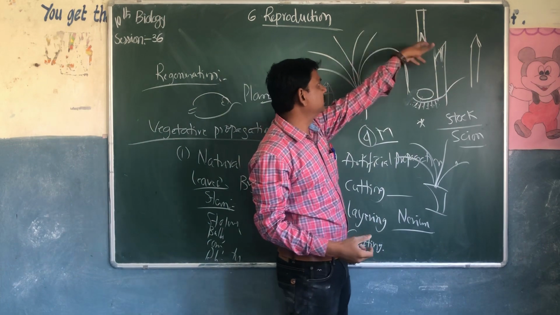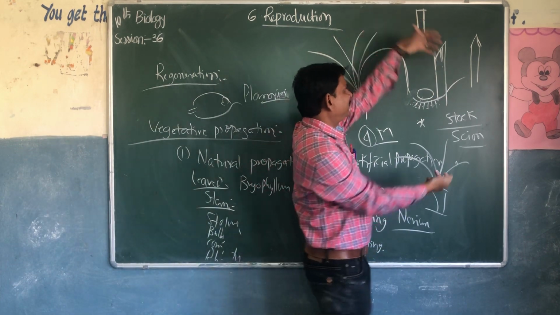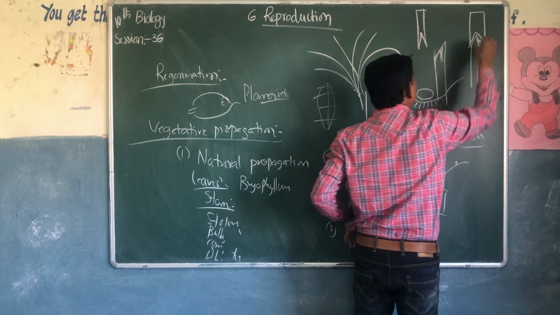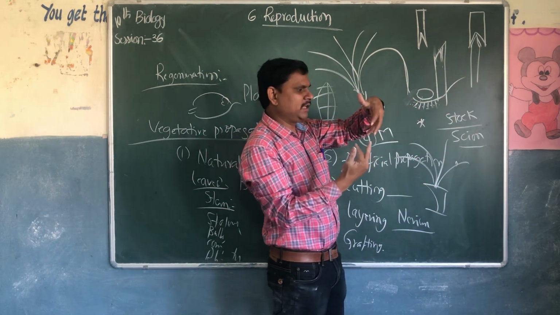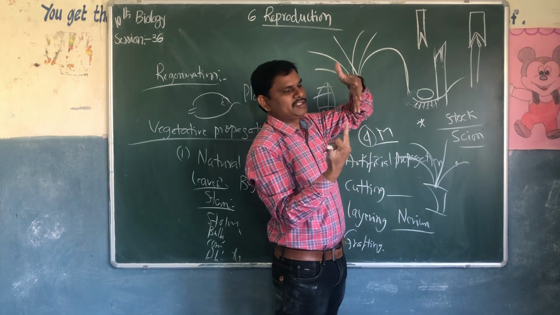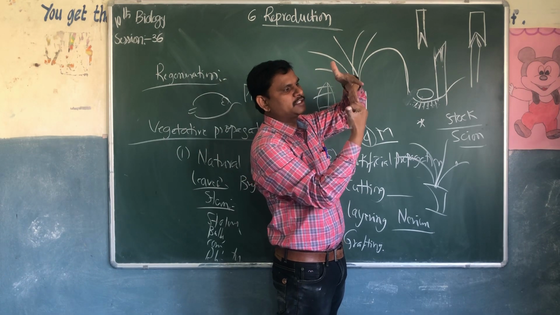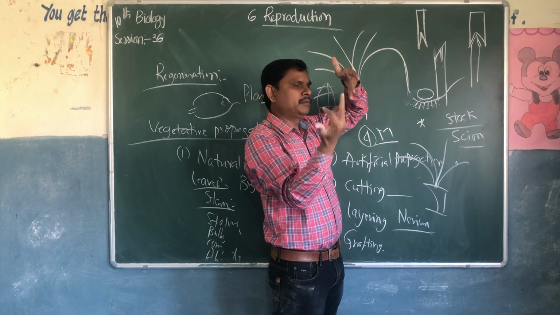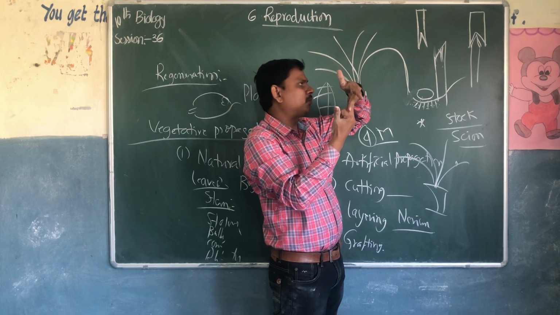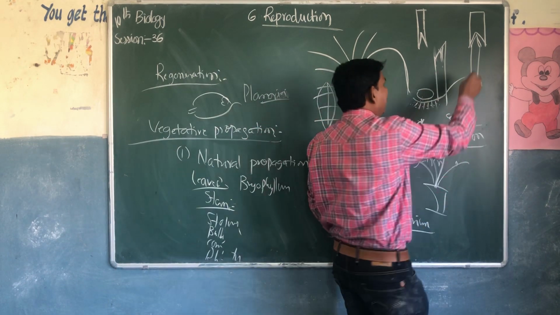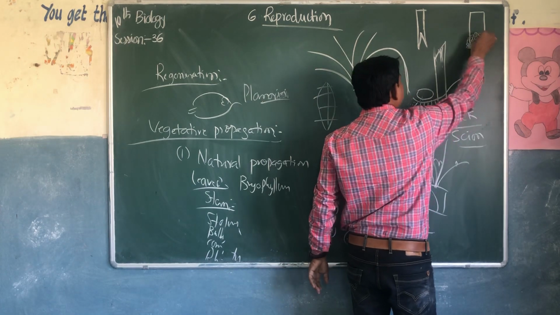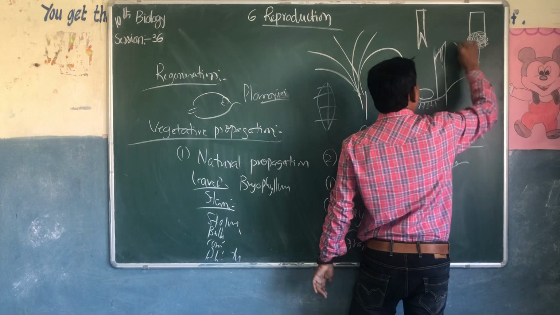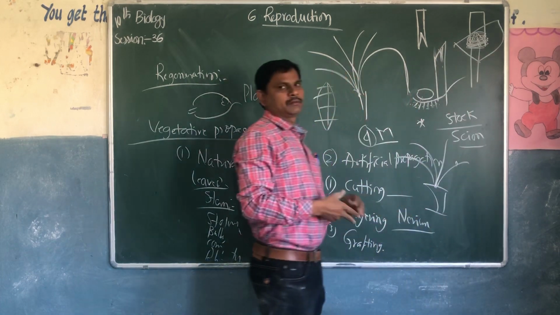So this part will be fixed properly in this stem. We fix the V-shaped and I-shaped structures exactly like this. Fix it properly, make it sharp, and tie it with rope or thread. We also keep a polythene cover on it.